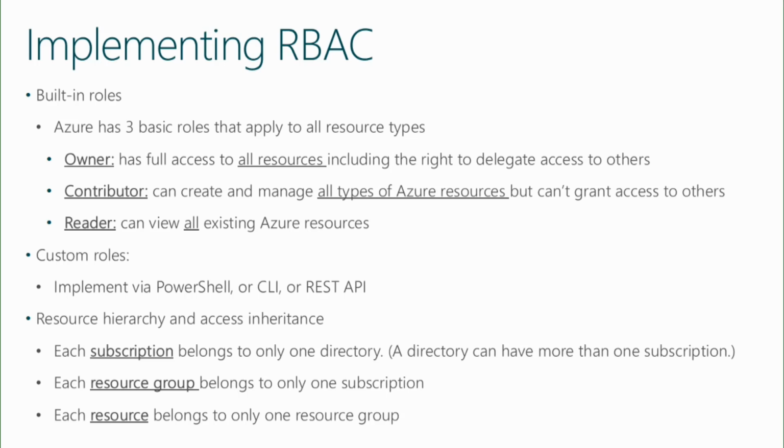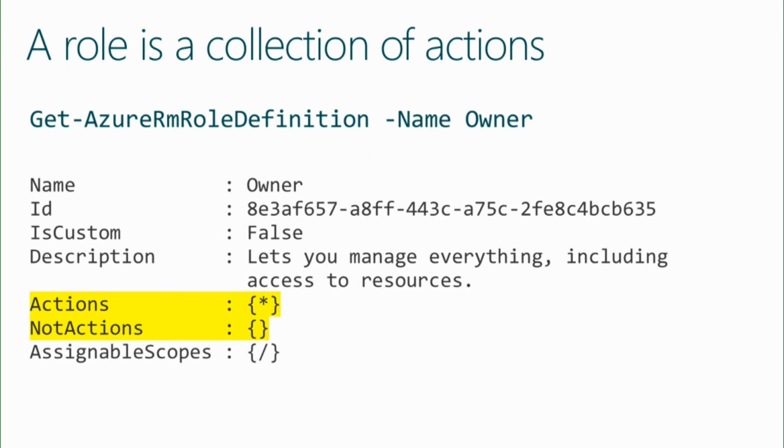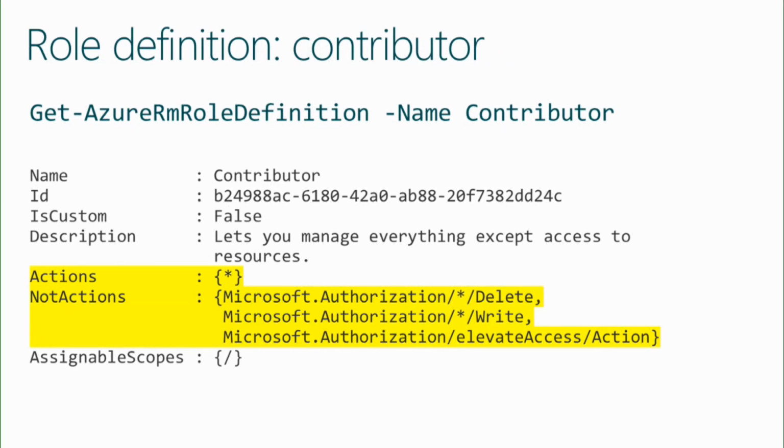When you create a role, you're defining a list of what are known as actions. Here's a look at an example. This is a role owner. It simply says you can do, and look at the actions area, anything. So all actions. The asterisk represents all actions. Here's another example of a custom role. This is a contributor. You can do anything except delete.